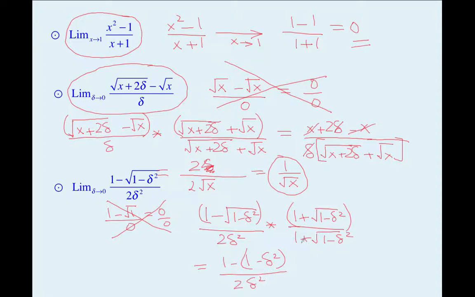Now here I have 1 plus this thing, but delta is very, very small, so I can neglect it in comparison with 1, and therefore over here I have 2. This leaves me with delta squared over 4 delta squared. And so the answer is 1 by 4. I've cancelled this out with this.